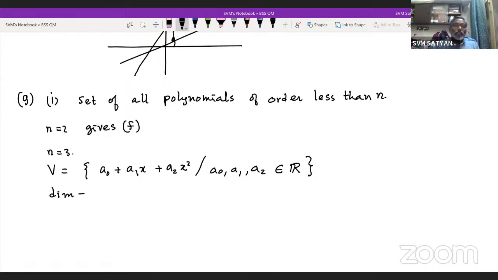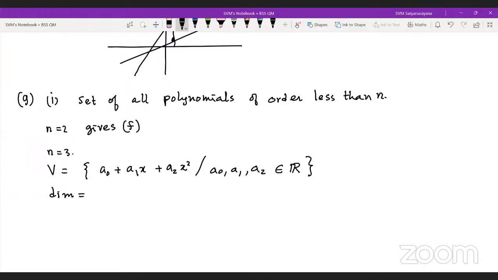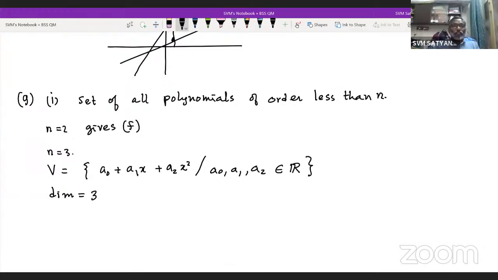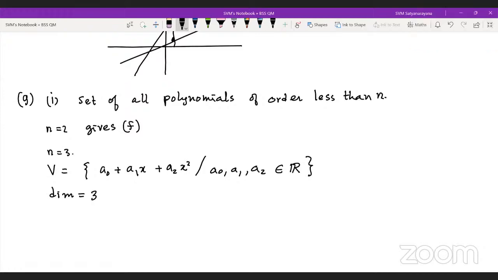How many real numbers are required to define a quadratic curve like this? 3, sir. 3. Very good. So the dimension is 3. So for the set of all polynomials of order less than n, what will be the dimension? N, sir. So this is dimension n.